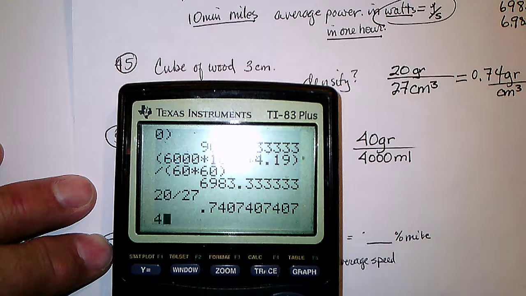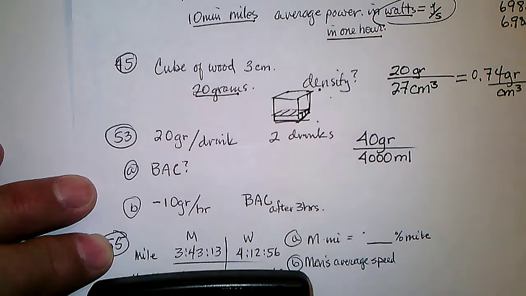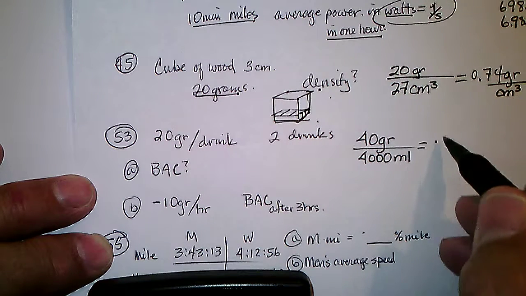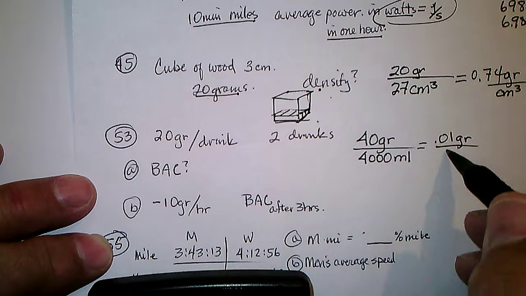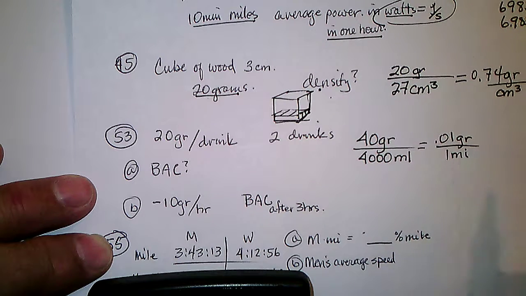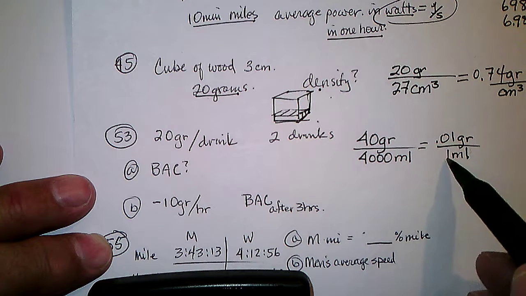Well, 40 divided by 4,000 is 0.01 grams per 1 milliliter. But blood alcohol is per 100 milliliters.